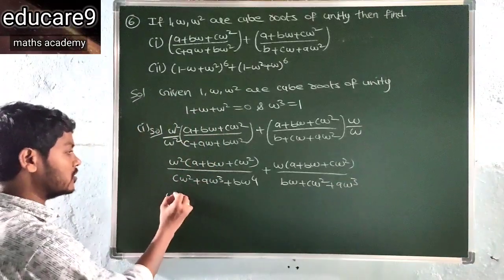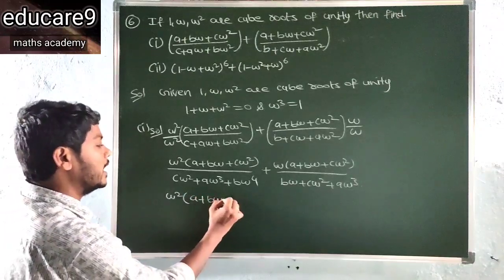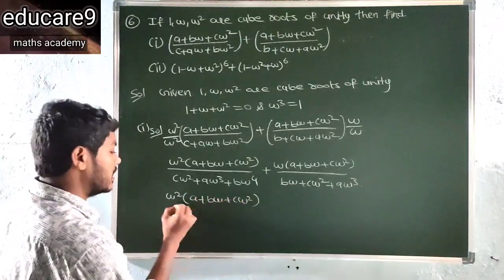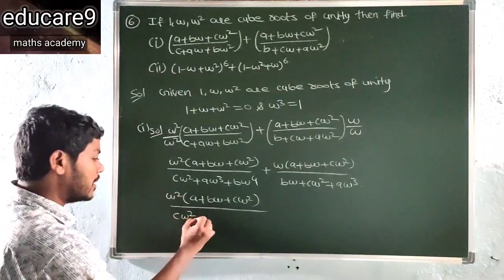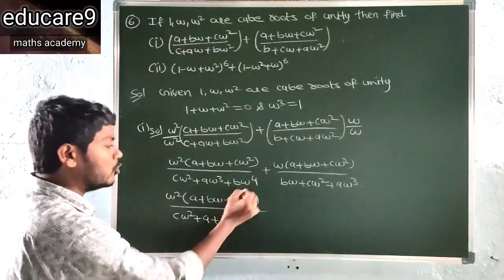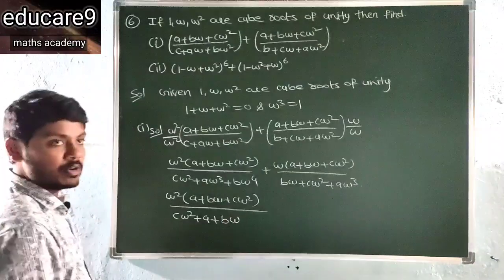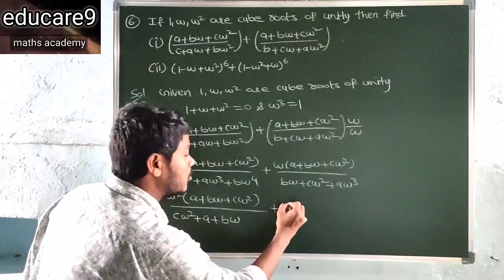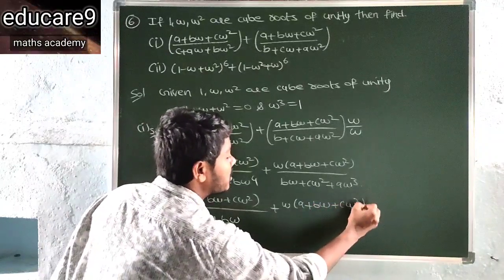So clear, this is omega square into a plus b omega plus c omega square divided by, see here, c omega square plus a omega cube, value is 1, plus b into omega power 4, written as omega into omega cube. So clearly we will get b omega, and plus omega into a plus b omega plus c omega square.